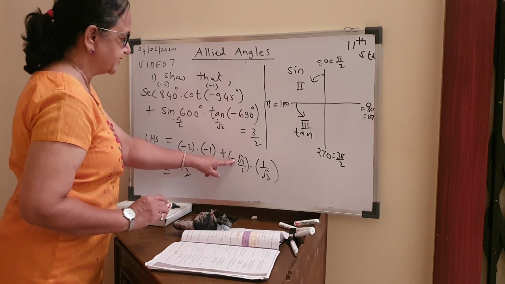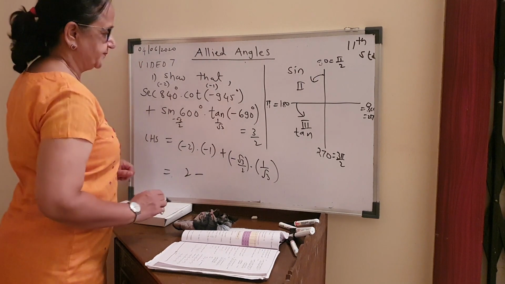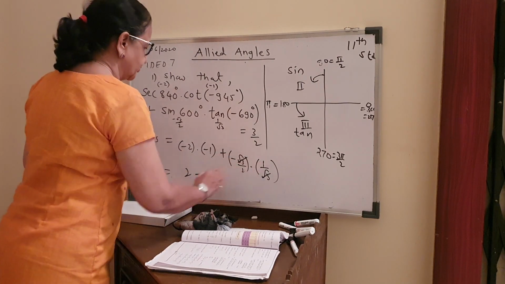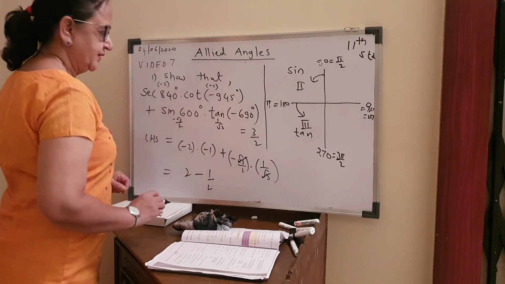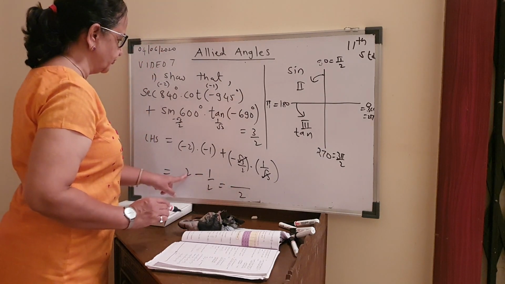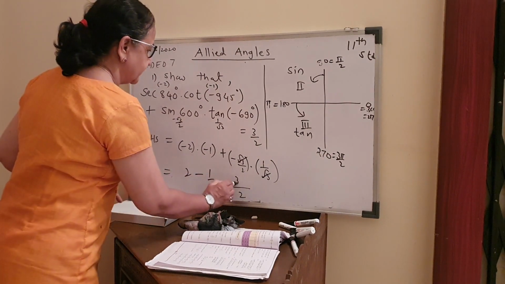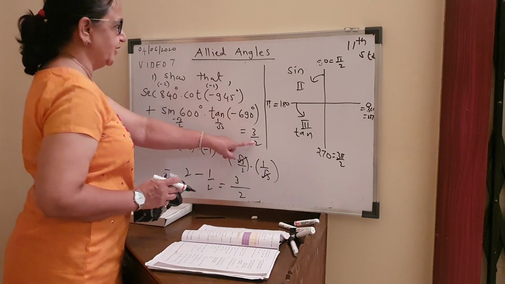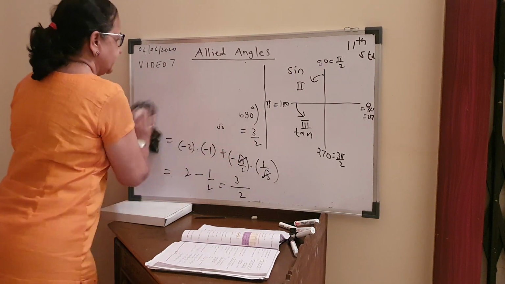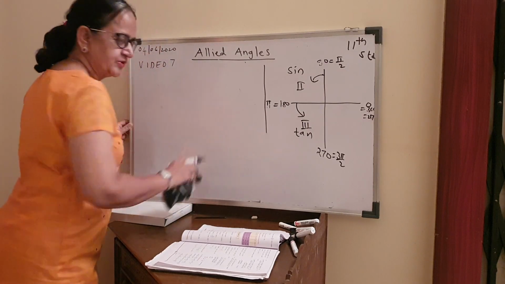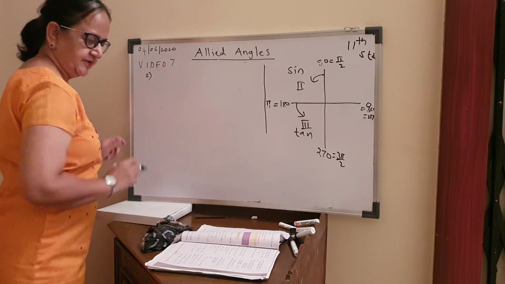Plus into minus, product is minus. Root 3 got cancelled with root 3. So I got 1 upon 2. Subtraction, so LCM is 2. Cross multiply, 2 into 2, 4. 4 minus 1 is 3. So I got 3 upon 2. Write down equal to RHS. Understood the first problem? Let us go for one more.